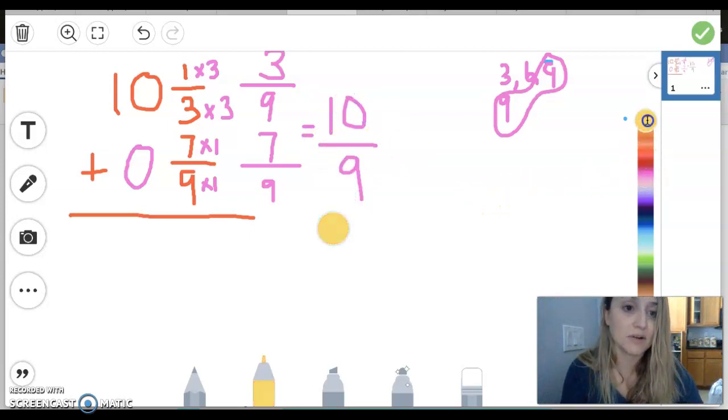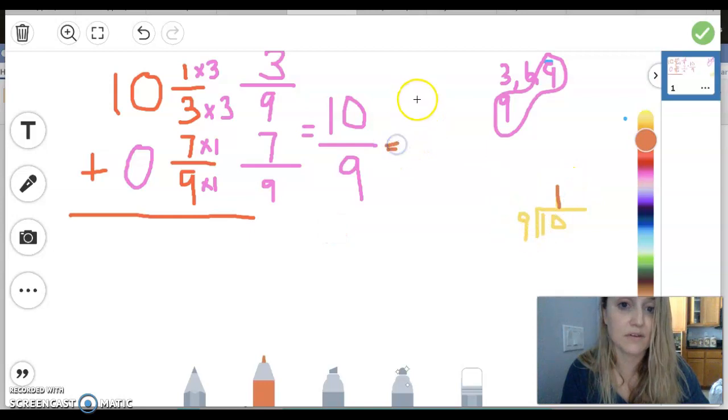And then remember, if you want to work it out this way, some of you at this point might be able to just do it in your head and go, okay, I know 9 goes into 10 once, and then there's 1 left over. But if you're not ready for that yet, that's totally fine. So we have 1 as our whole number. 1 times 9 is 9. Remainder 1.